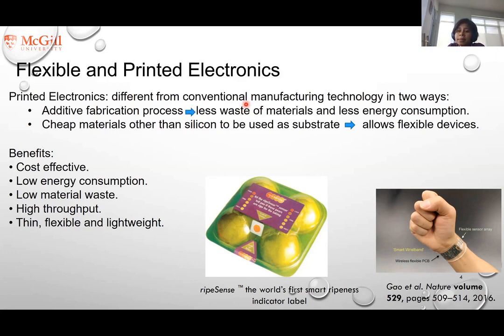The concept has been there for a long time, but this is something people are exploring now in a different way, because we have all these very high-tech printing technologies available now.